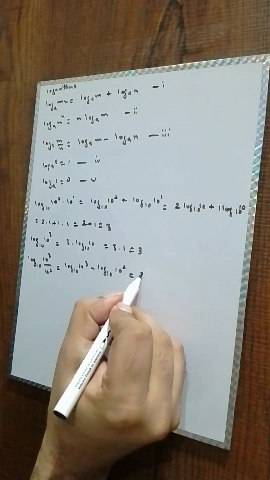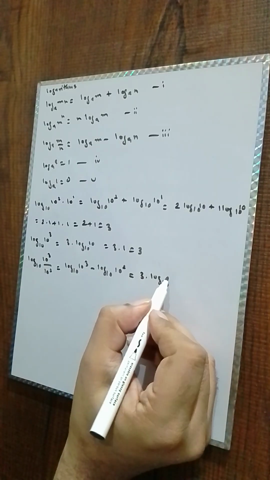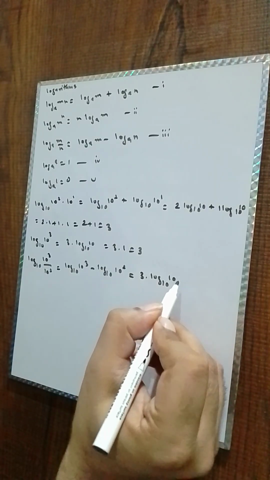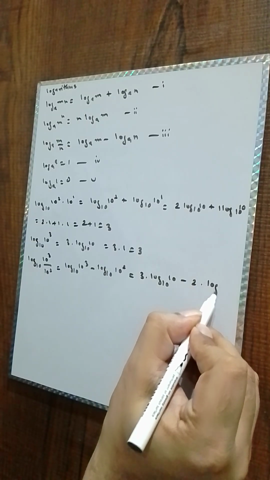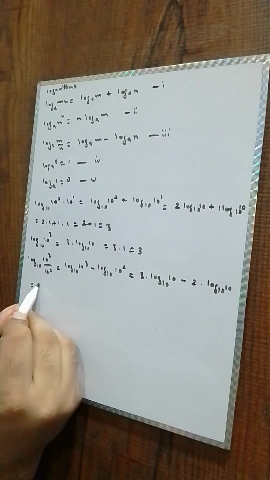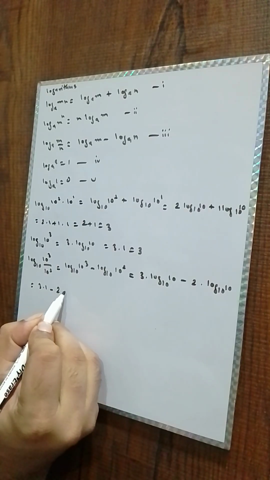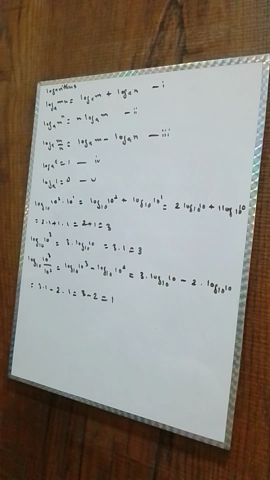It says 3 times log base 10 of 10 minus 2 times log base 10 of 10. This is equal to 3 times 1 minus 2 times 1, which is 3 minus 2, equal to 1.